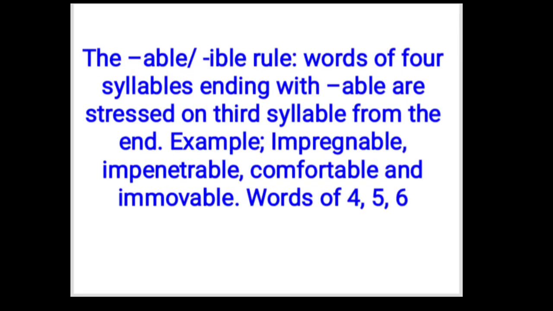Then the next rule for stressing polysyllabic words that we're going to do today is the ABLE or IBLE rule. That's words that end with ABLE and IBLE. Words that end with ABLE or IBLE are stressed on the third syllable, counting from the right hand side. For example, impregnable is stressed on PRE.